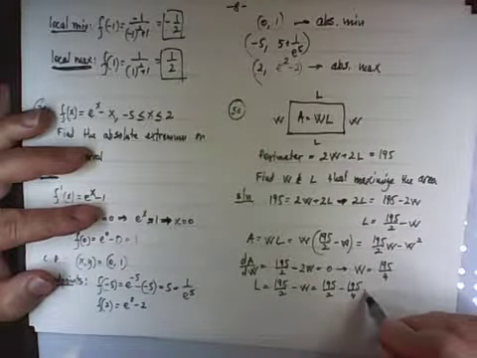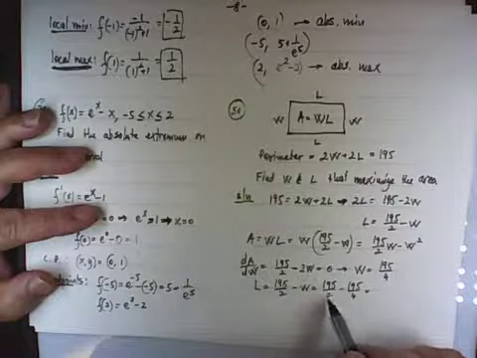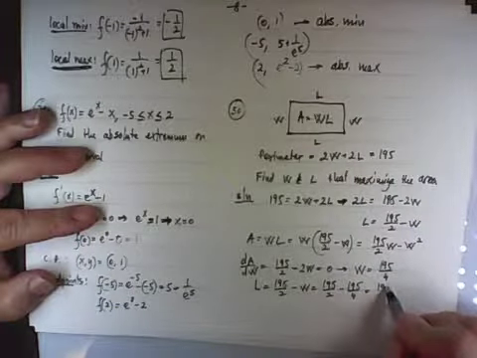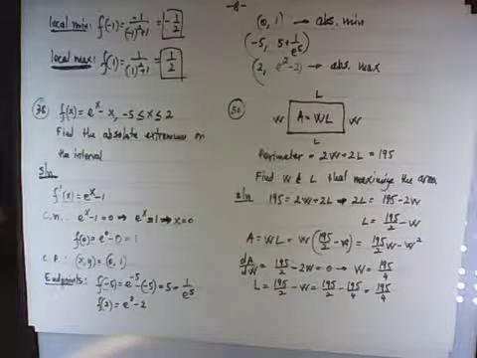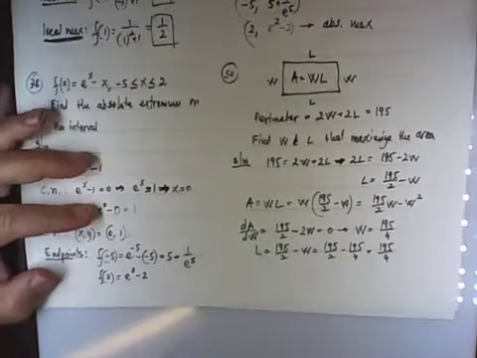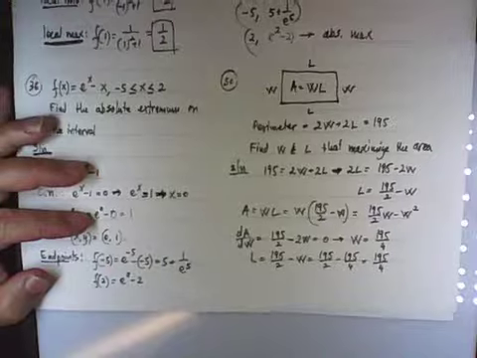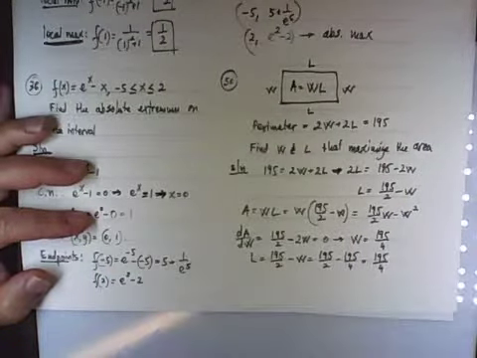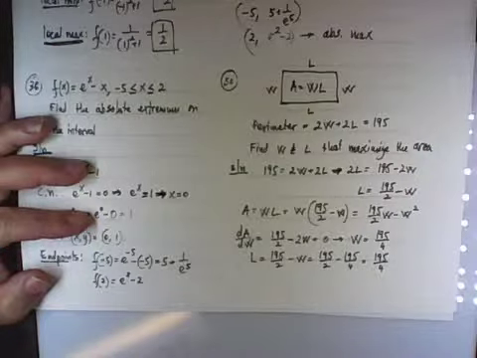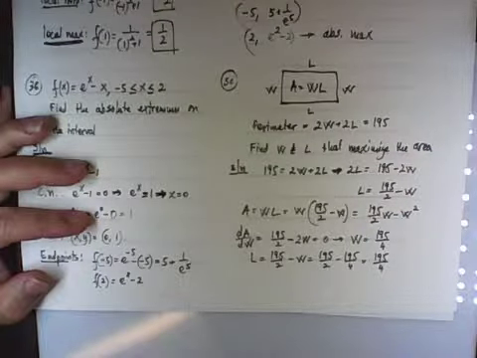Well, this is 2 over 4, so it will also equal 195 divided by 4. And what is the area? So it's a square. W equals L, and each dimension is 195 divided by 4.